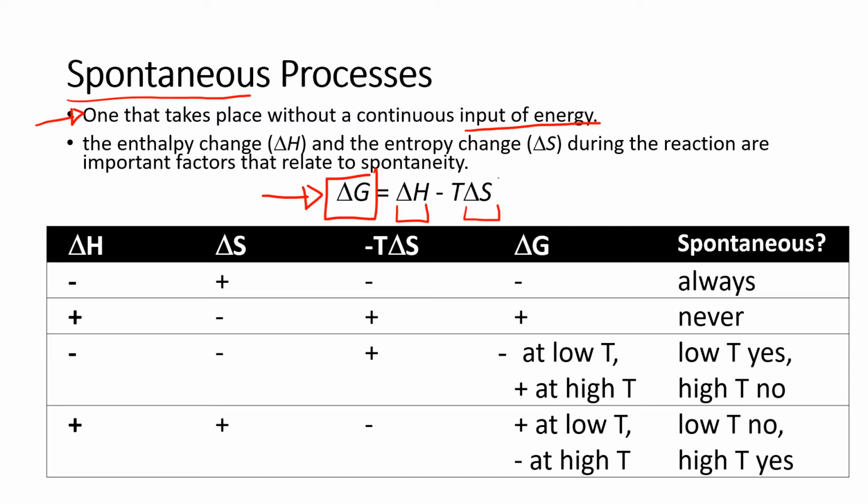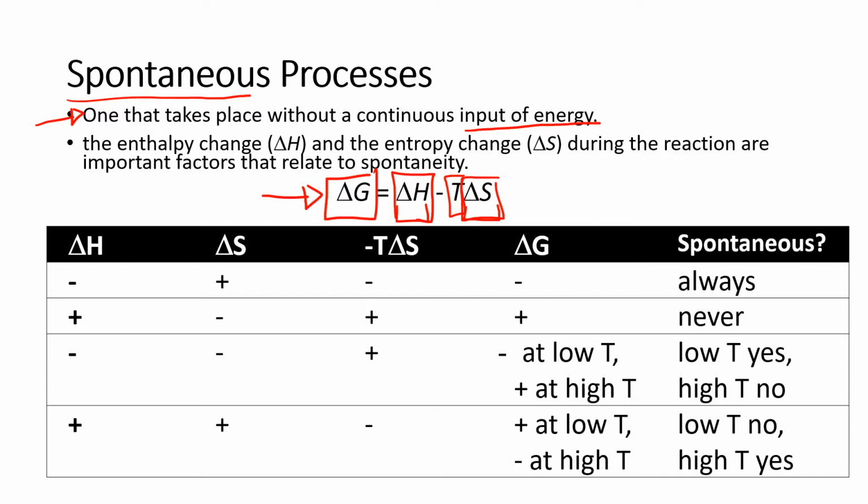So entropy change is denoted with a delta S. And enthalpy change is delta H. And then T is your temperature. So you can see how all three of these affect your overall Gibbs free energy.